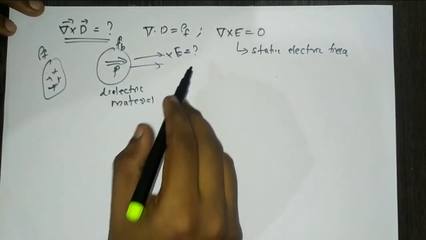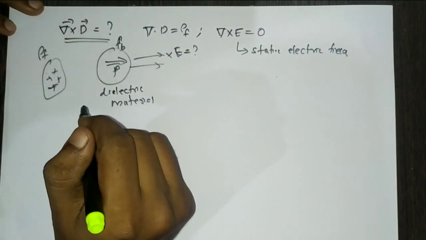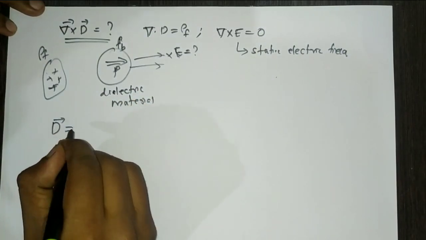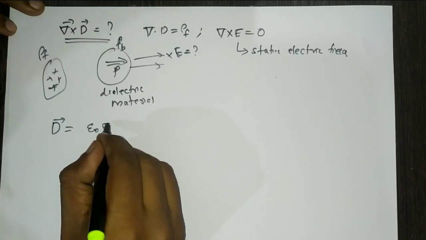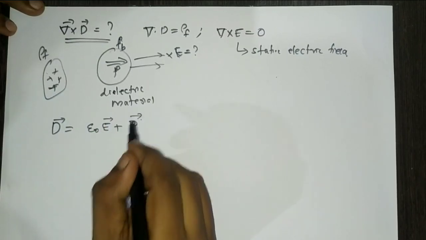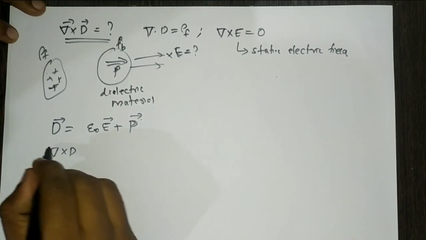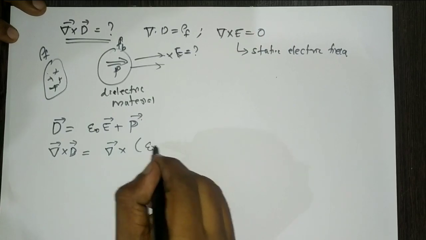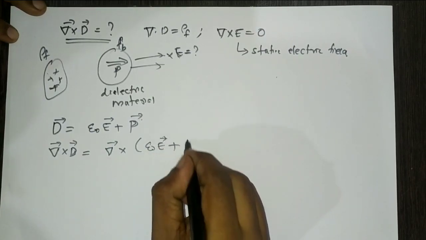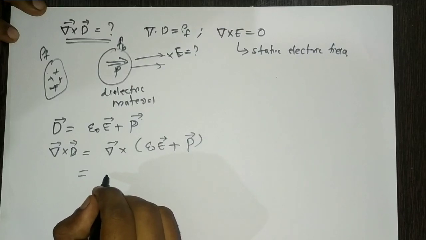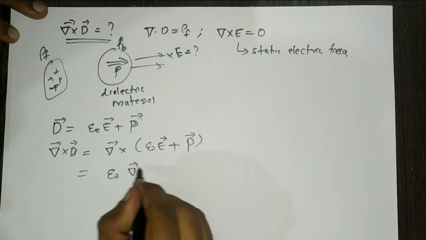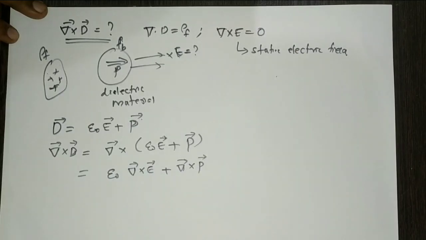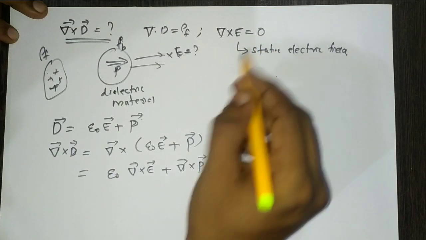Now the question is, del cross D, what is the result? We know that the electric displacement vector D can be written as epsilon 0 E plus the polarization P. If I take the curl, this will be del cross of epsilon 0 E plus P. This is nothing but epsilon 0 del cross E plus del cross P. The first term, del cross E, is 0.